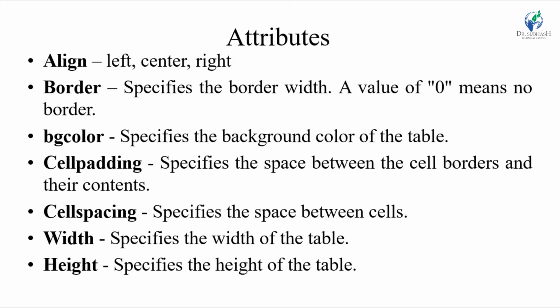Next is cellspacing. Cellspacing is used to specify the space between the cells. And the last one is height and width. The height and width of the table can be set with the help of the width and height attributes. These are all the common or general attributes that can be applied to your table, tr as well as td.